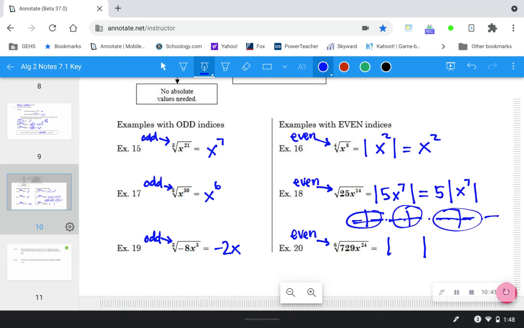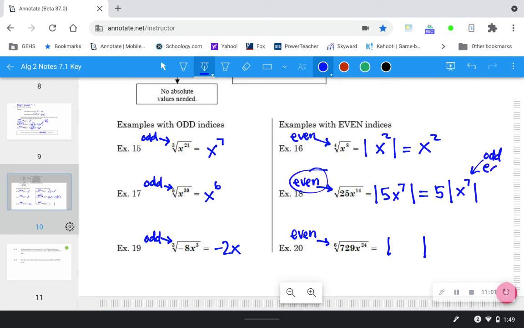And we have positive times positive times positive times negative, which would be negative. As a consequence, if we want the positive answer, you have to make sure that happens by leaving those bars on that one. And once again, you see that it's even in the front door, odd exponent at the back. That's when you need those bars in the final answer.